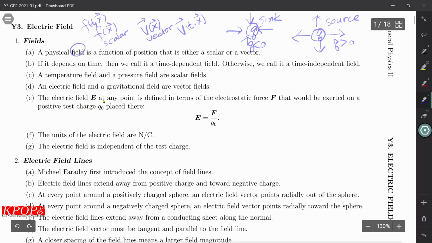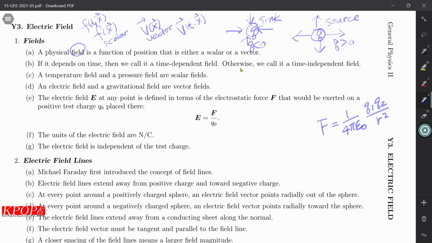The symbol of the electric field is capital E. At any point it is defined in terms of electrostatic force F. We learned that Coulomb's law force between two charges is 1/4 pi epsilon 0 Q1 Q2 divided by R squared, and the direction is along the straight line connecting Q1 and Q2.